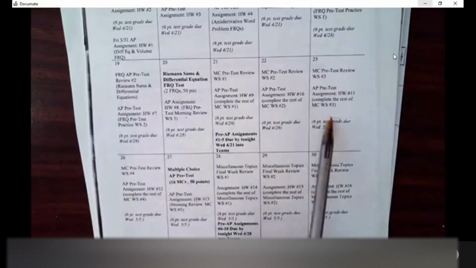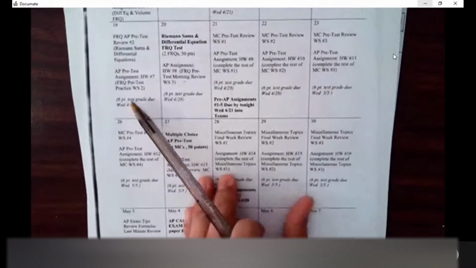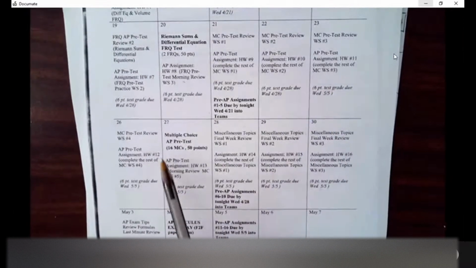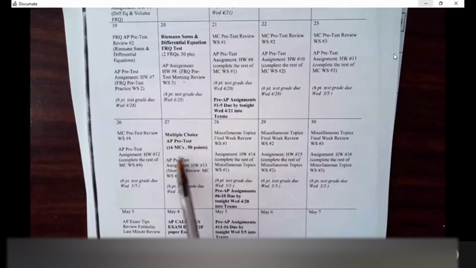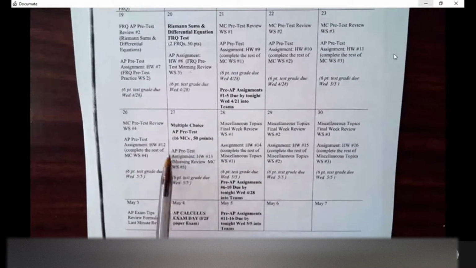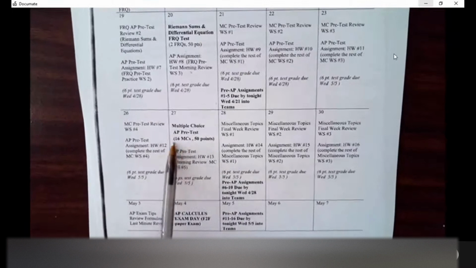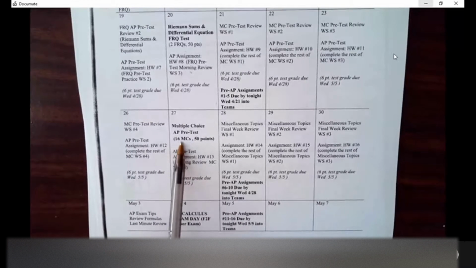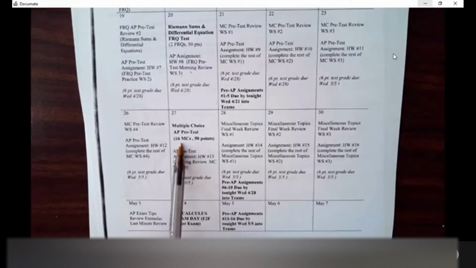So we'll spend 3 days or 4 days going over some multiple choice topics, and I'm going to try to cram in as many different topics as I can. So over the course of 16 multiple choice, I'm going to try to hit what I identify as the 16 biggest topics of the AP exam.